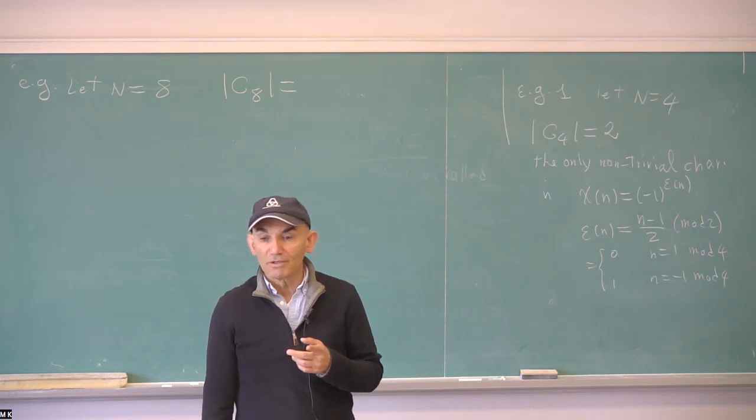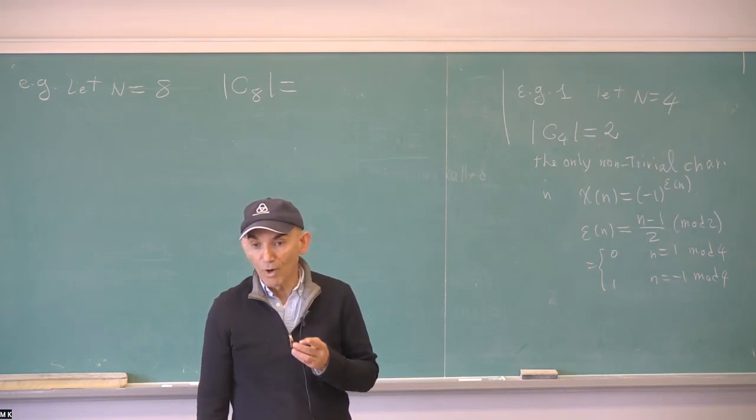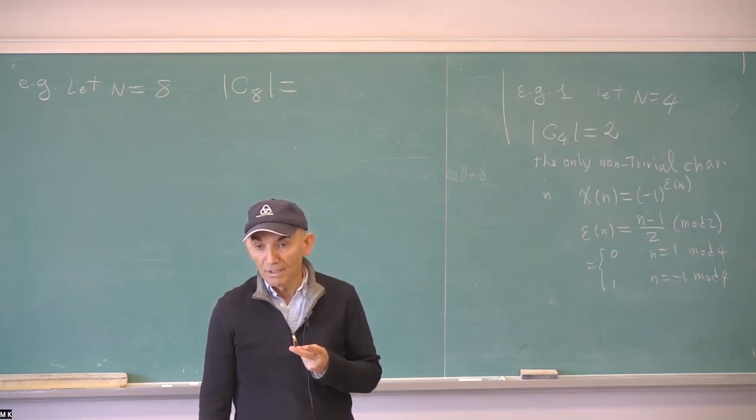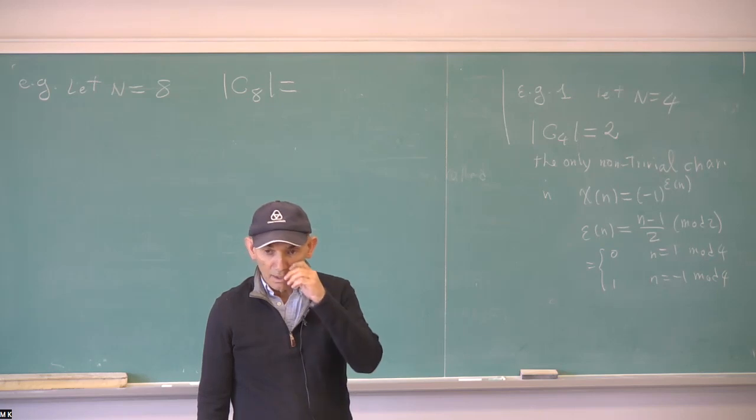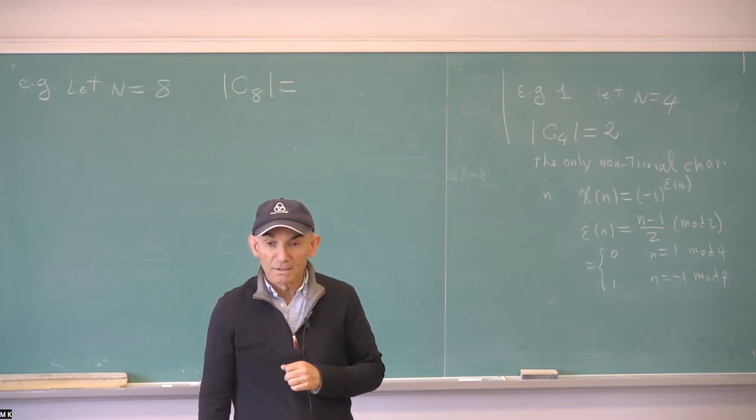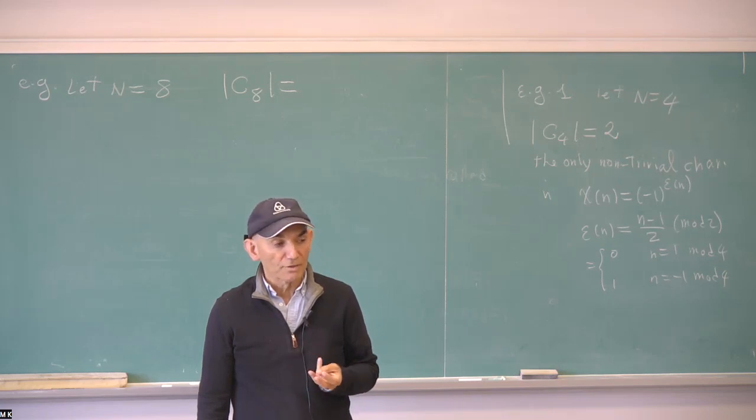The things that are invertible modulo 8 are 1, 3, 5, and 7. So why do all those elements have order 2? Yeah, 3 has order 2, 5 has order 2, and 7 has order 2.